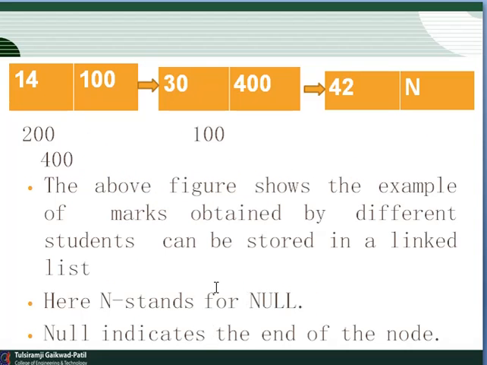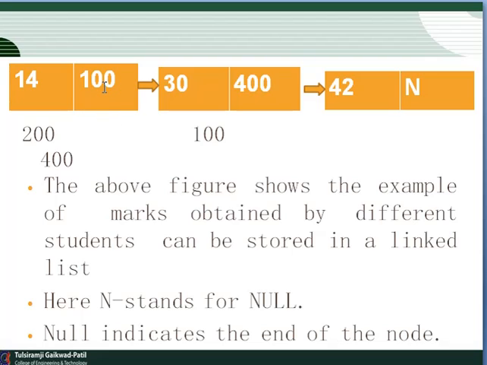See, the data value is 14 and the next value is the link, or the address location of the next node. 14 is the element or value which has the address location of the next node, which is located at location 100.